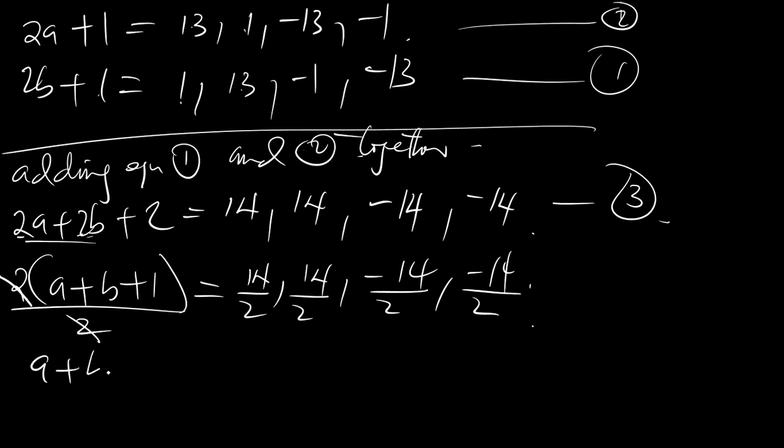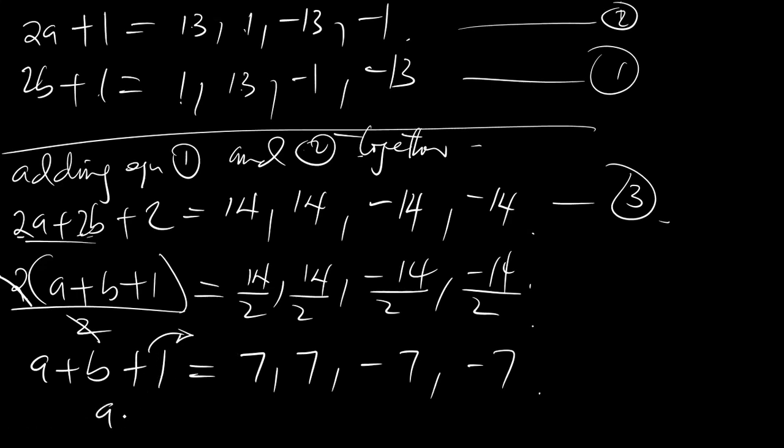You have a plus b plus 1 equal to 7 or minus 7. If you move this plus 1 to the other side, it becomes minus. So you have a plus b equal to 7 minus 1, which is 6, or minus 7 minus 1, which is minus 8.